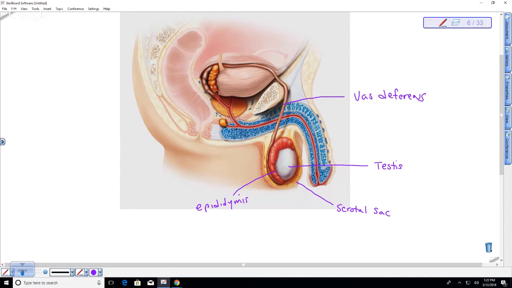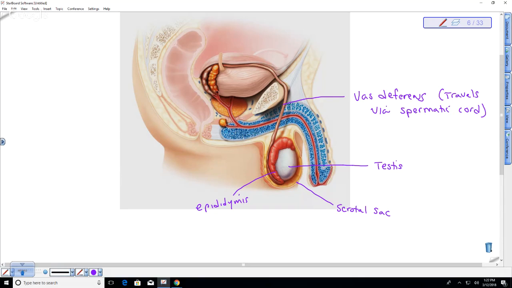Now, it's really confusing because the vas deferens does not travel alone into the body cavity. It actually travels in the same group as its muscles. Its nerves come down, blood vessels come down into the testes. And so this travels via the spermatic cord.